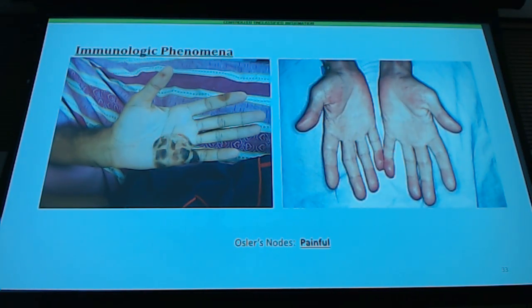This is a much more serious case of it, but more commonly like this, where you just see this reddening of the digits, and these are painful. So compare that to a Janeway lesion, which is painless. These are painful. So that's what you can see on physical exam.